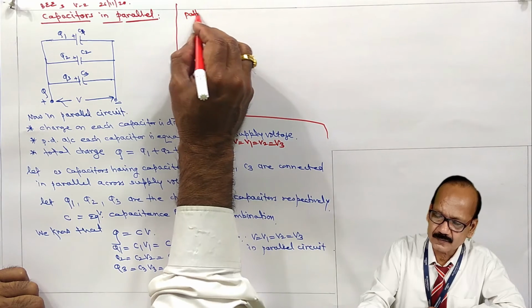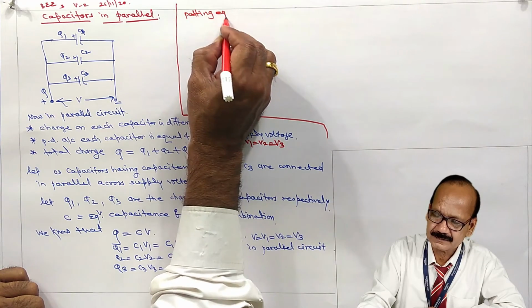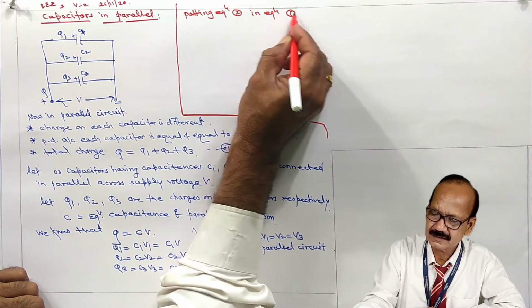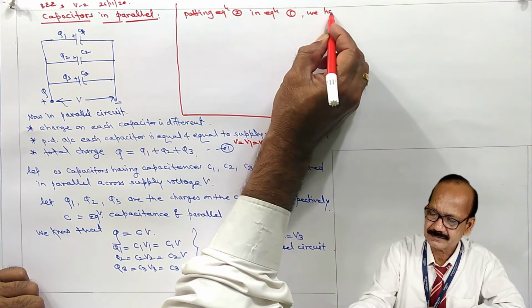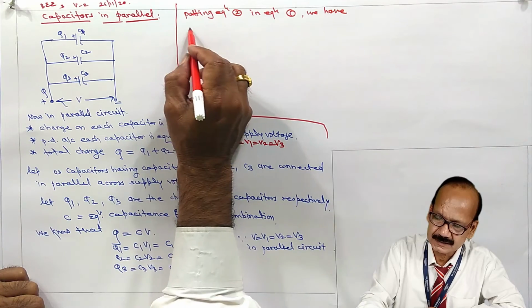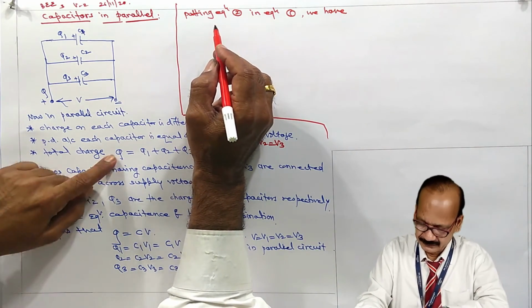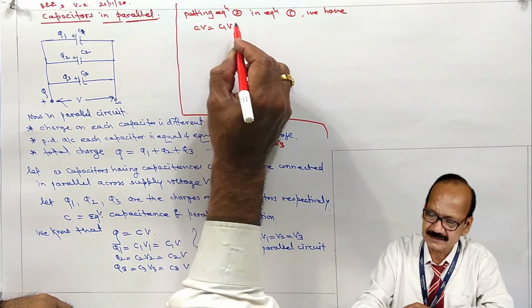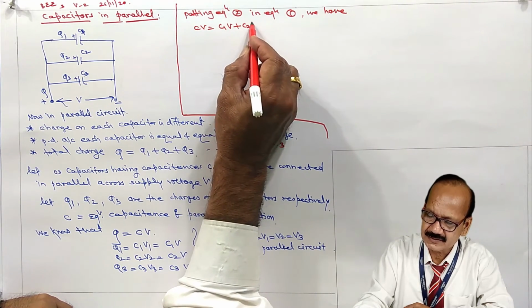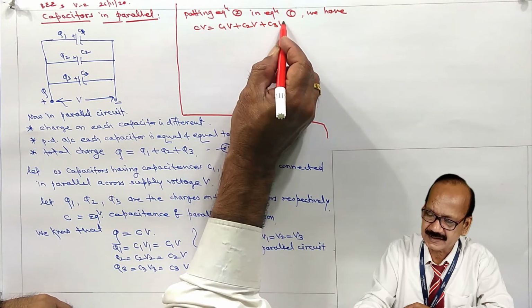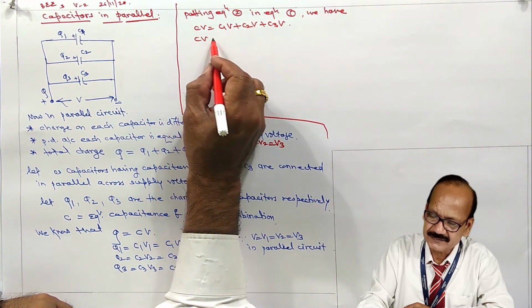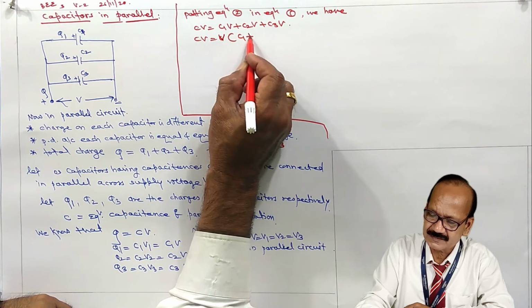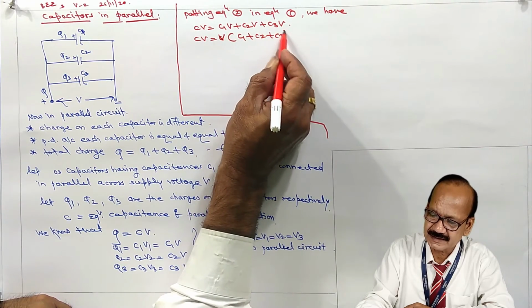Putting equation 2 in equation 1, we have Q equal to CV equal to C1 phi plus C2 phi plus C3 phi. CV equal to phi times C1 plus C2 plus C3.